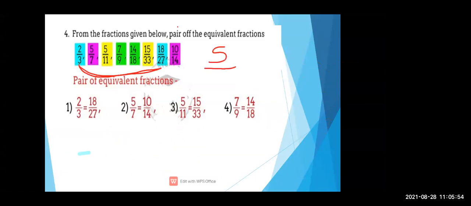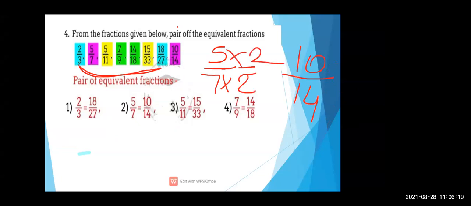5 upon 7 का pair क्या है? It is already given 10 upon 14. But how it came? 7 should multiply by which number to get 14? Very nice. 7 should multiply by 2. So 5 को भी मुझे multiply करना है 2 से.